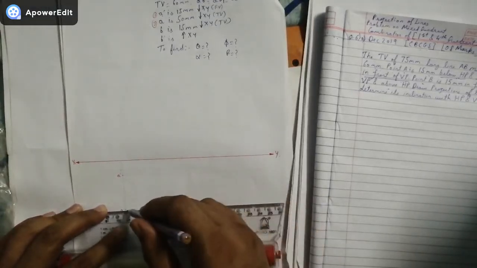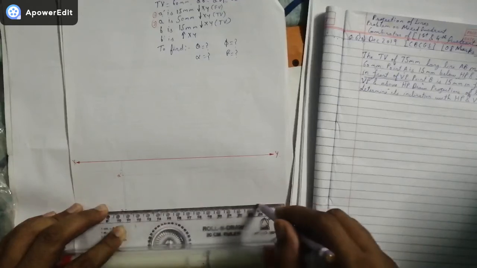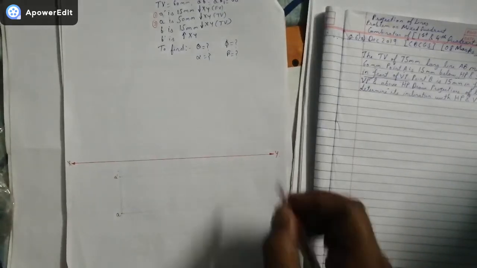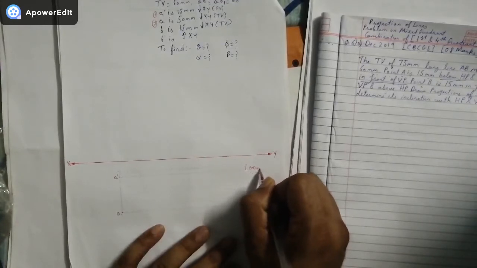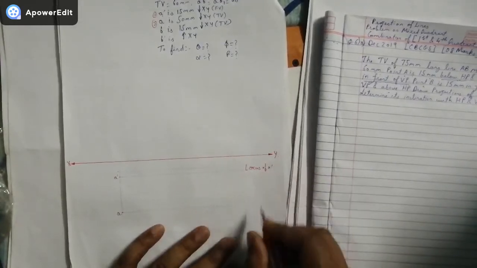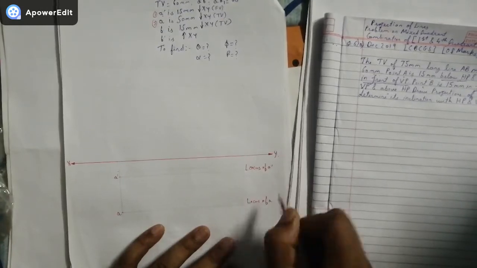Of course, it is going to be parallel to the XY line. So I can mention it over here, friends: this will be the locus of A dash and this will be the locus of A.